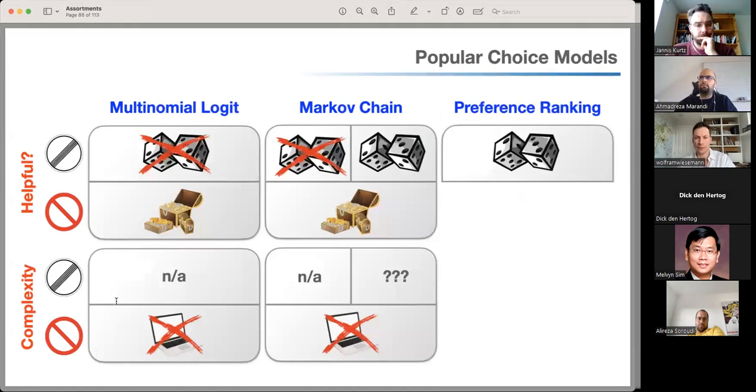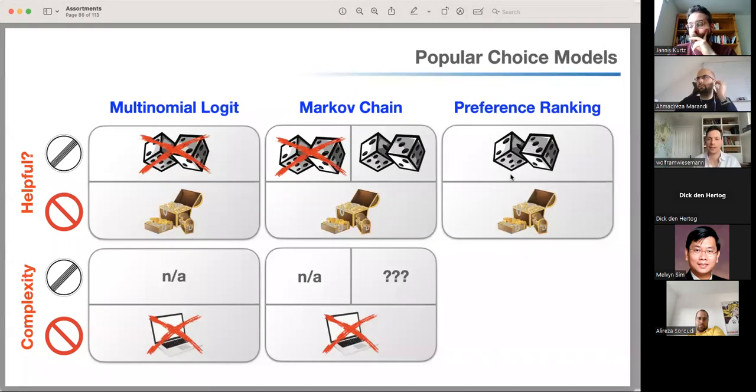Now, under the preference ranking model, it turns out that, again, randomization can help already in the unconstrained problem setting. However, again, those benefits are bounded by the ratio of the largest to the smallest product price. Whereas in the cardinality constrained problem formulation, the potential benefits from randomization are again unbounded.